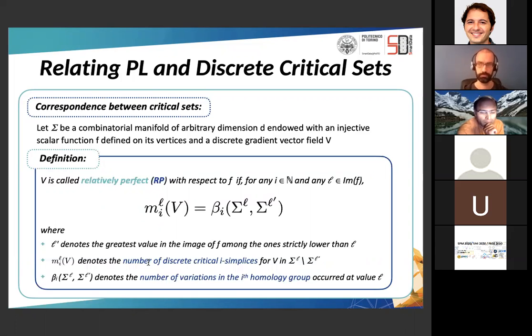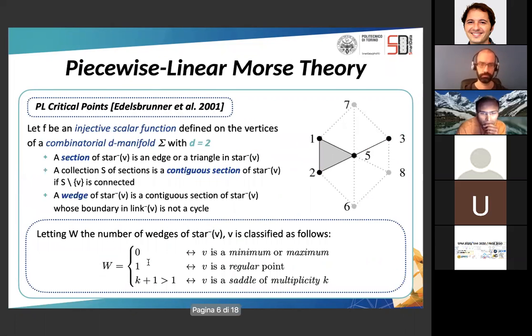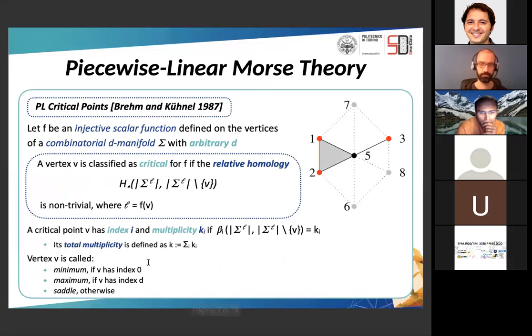So yes, and as we know, in some sense, the definition of PL critical points given by Brehm-Kuhnel helps us to realize that critical points, PL or discrete Morse critical points, since now we have a correspondence, are in correspondence with the change in homology of the filtration induced by the sublevel sets of the function f. Thanks. I don't know if I really answered your question, but I'm glad. No, that's good.